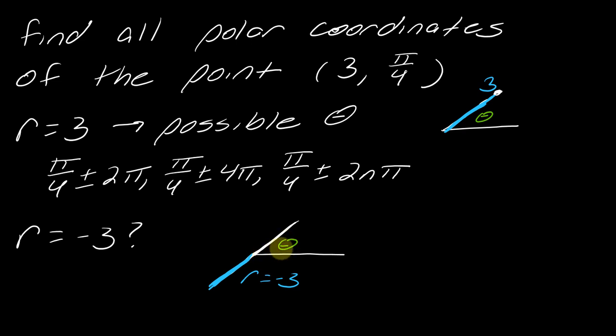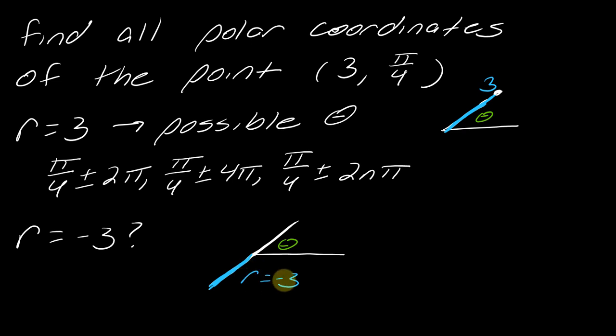So if I made this angle of pi over 4, but I had a negative radius, what I would do is, you can kind of think of it as, okay, here would be that initial angle that you need, but then you have to go in the negative direction. So I would end up shooting out, boom, this way. And so here's where my r equals negative 3 is.